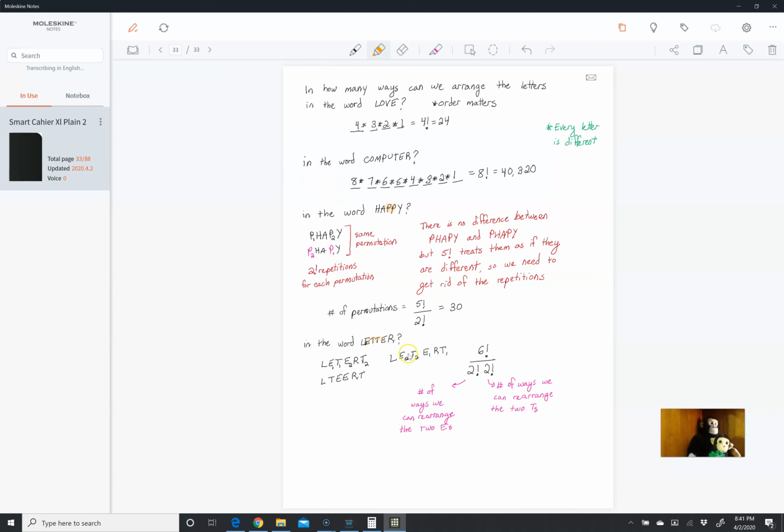In other words, we switched T1 and T2 here, but we didn't have to. We could have left T1 first and T2 second. That would have been fine, okay? The T's and the E's are independent of each other. So that's what we're saying here.